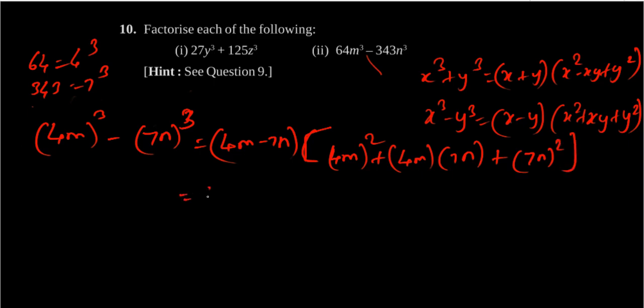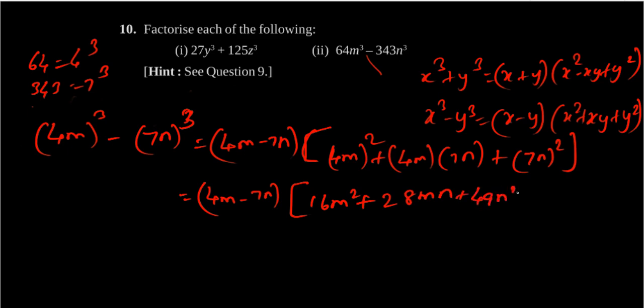So what will we get? 4m minus 7n times this: 4m square becomes 4 square, that is 16m square, plus, because everything is positive here, 4 sevens are 28mn, plus 7 sevens are 49n square. So we have two factors. So we factorized this polynomial, the second polynomial also we have factorized.